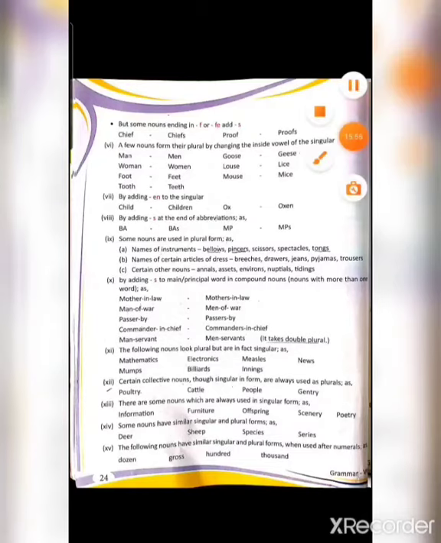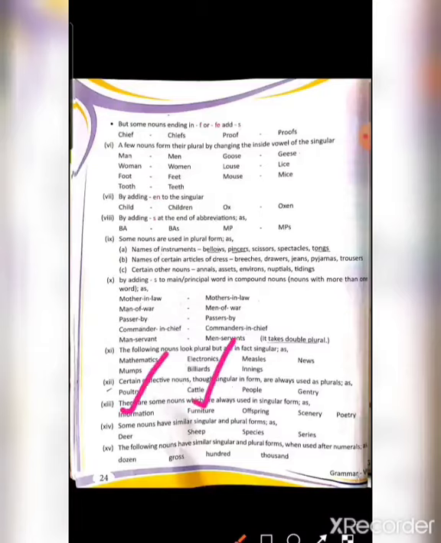Next rule, 13th point: there are some nouns which are always used in singular form, no matter how they look, like information, furniture, offspring, scenery, poetry.